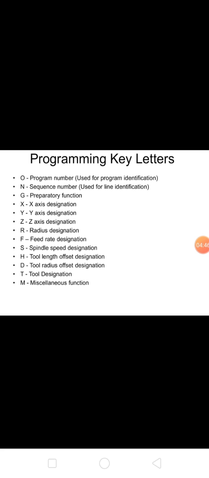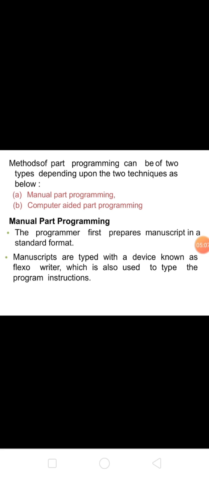Capital S is the spindle speed designation. Capital H, tool length offset designation. Capital D denotes tool radius offset designation. Capital T is tool designation, and capital M is miscellaneous function. All these key letters are to be used in part programming.